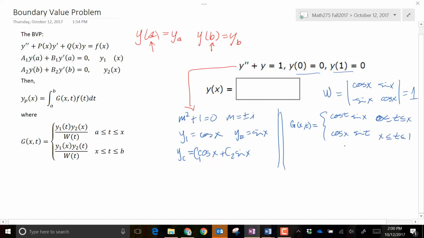So you would have to integrate this and split this up, going from a to x and then x to b.